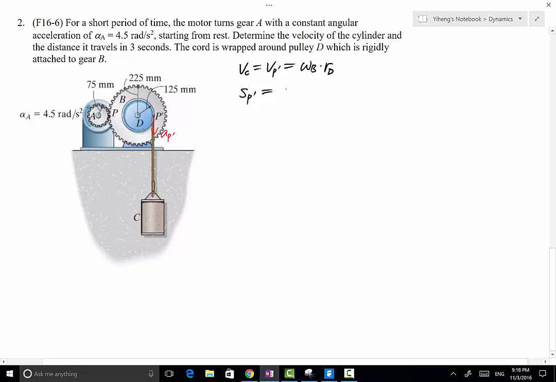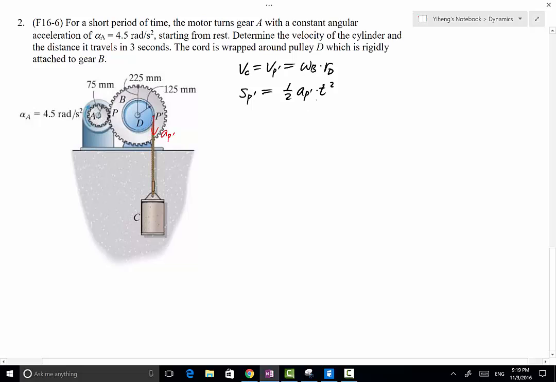That equals S0, let's just call it 0, plus initial velocity, which is 0 because the system starts from rest. So 0 plus 0 plus 1/2 constant acceleration AP prime times t squared. So that's the plan. That's how we're going to solve this problem.